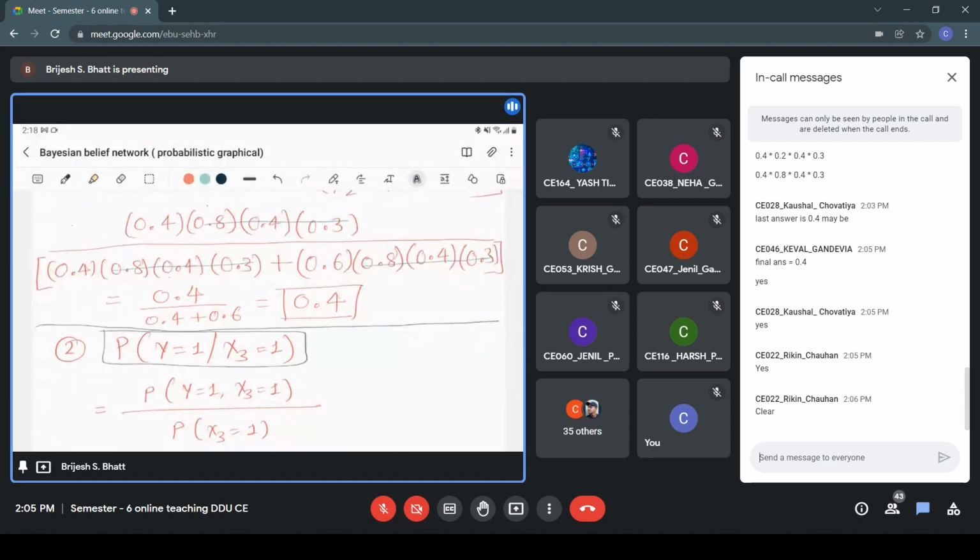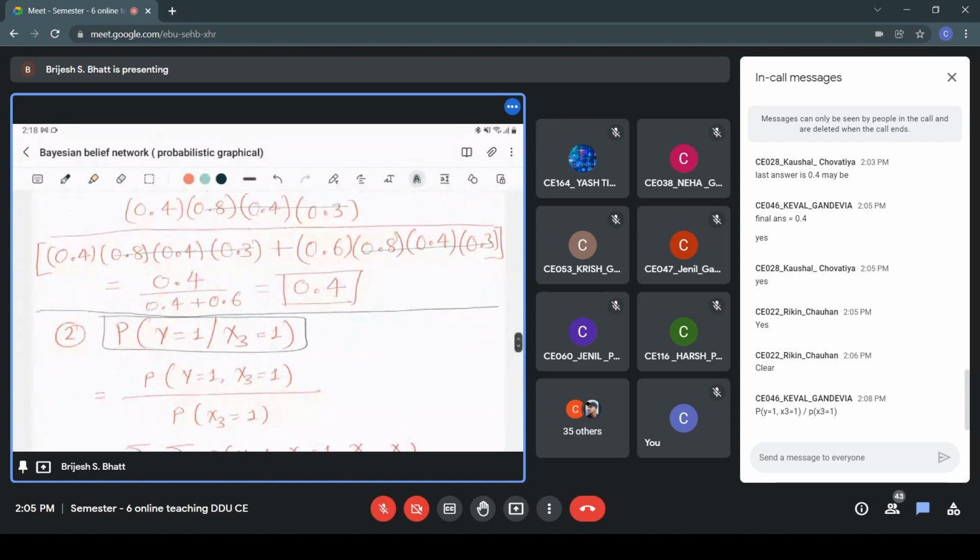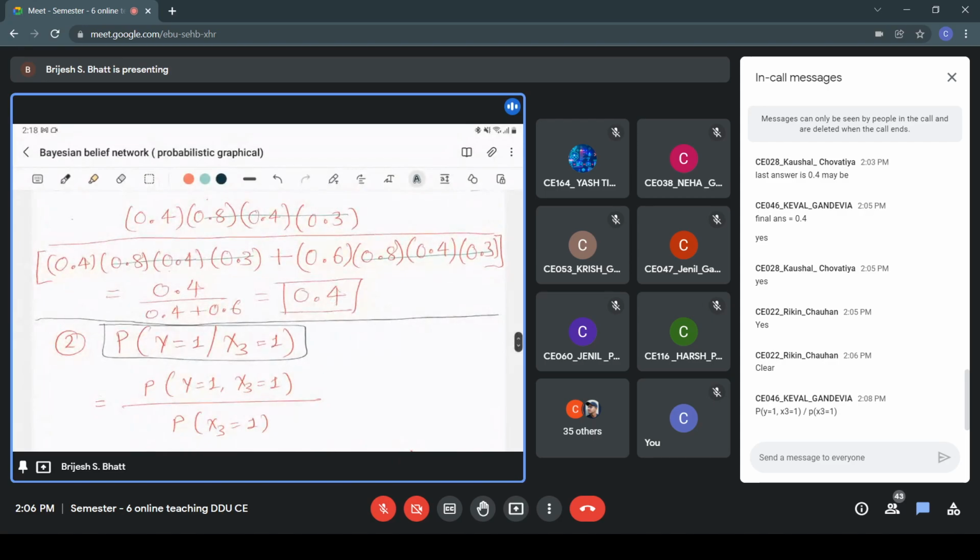So again, the probability of y equal to 1 given x3 equal to 1 is, yes, as Keval is saying, the probability of y equal to 1, comma x3 equal to 1, divided by the probability of x3. But now, what next? Your joint distribution is defined over four variables, and in your numerator you have only two variables. x1 and x2 are missing.